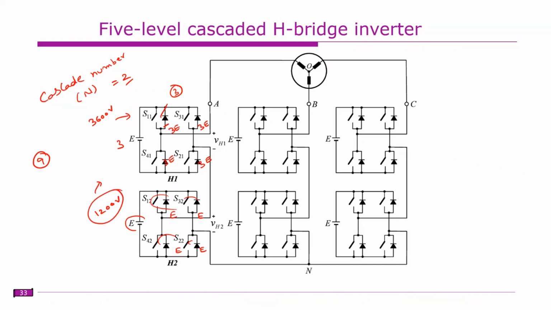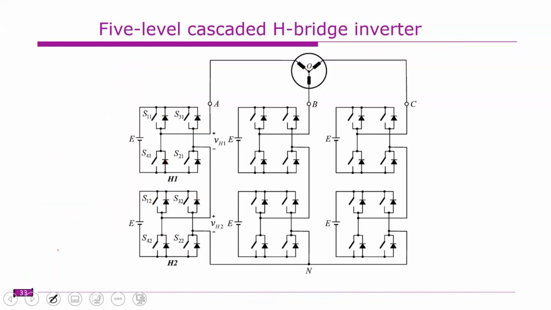Another drawback is, if you notice, if you have E voltage and this is also E voltage, for example, if you want 0 voltage level, how is 0 voltage obtained? We have E, VH1, VH2.